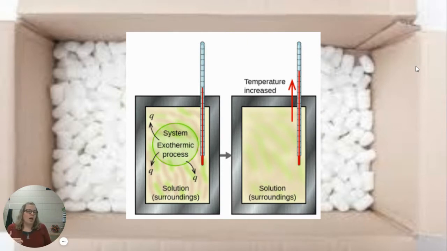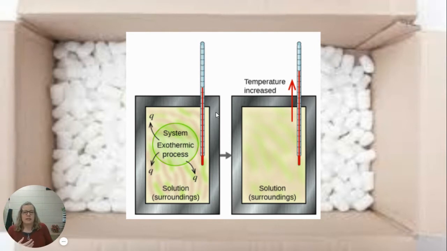Now, when we talk about putting a chemical into a water-filled calorimeter, that is the dissolving process, which we talked about a lot when we talked about intermolecular forces, but that process can itself be endothermic or exothermic. When you think about the chemicals in this process, you have to think about them just like the object. So if the water is gaining heat in your calorimeter, that's because the process for the dissolving is exothermic.